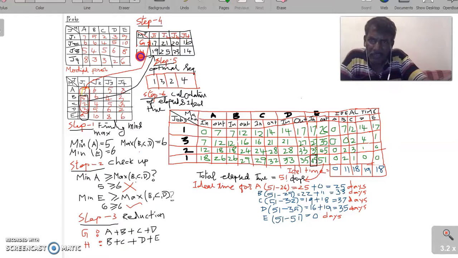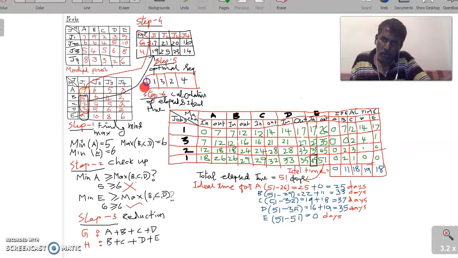If that is the case, we have to write that on the right hand side box. Okay, right. What is the next least time? 17. Where does it come? In the first machine. So we have to write it in the left hand side box.